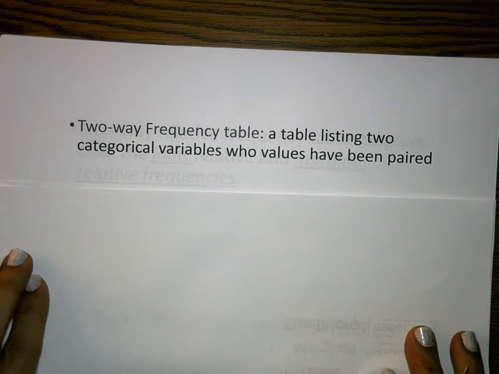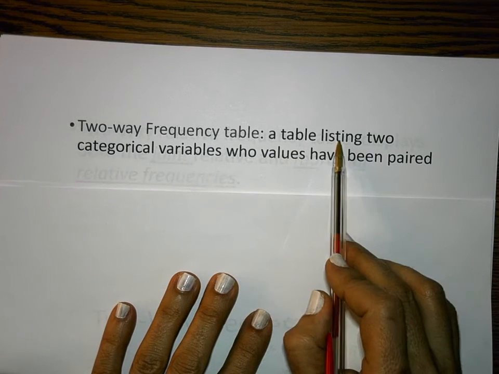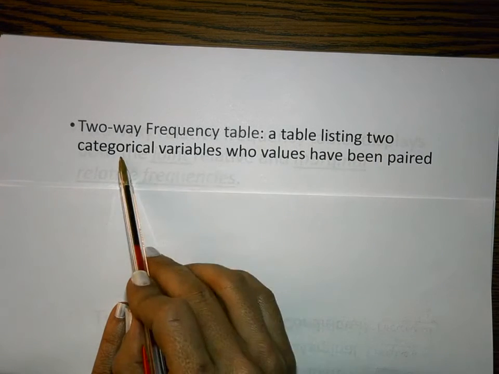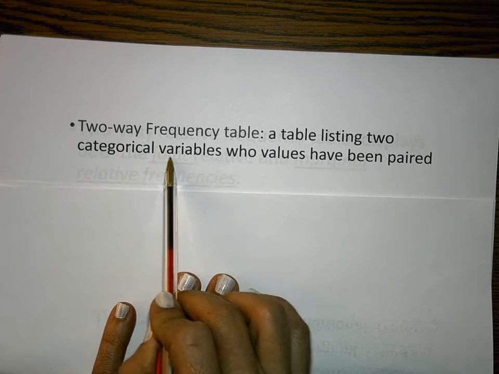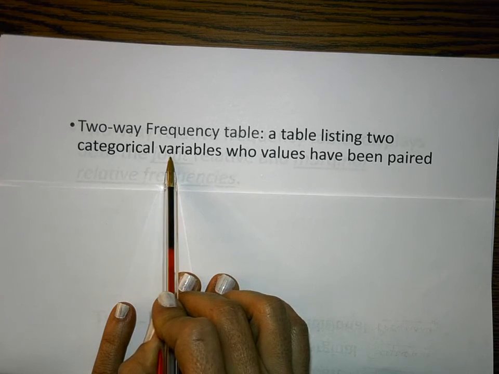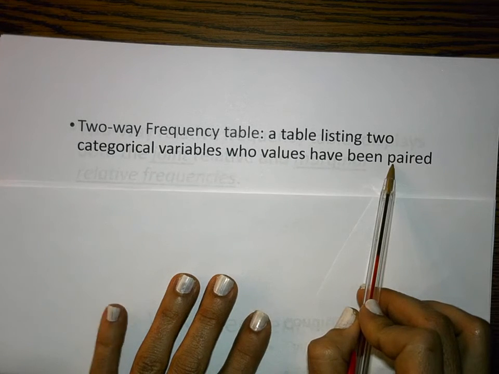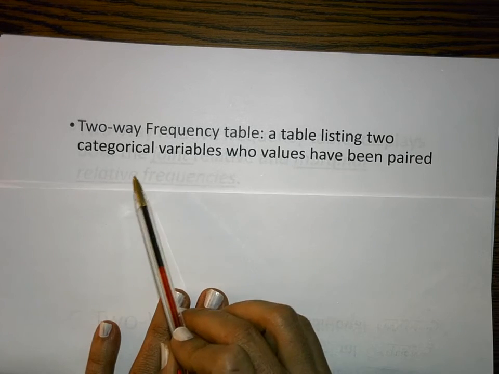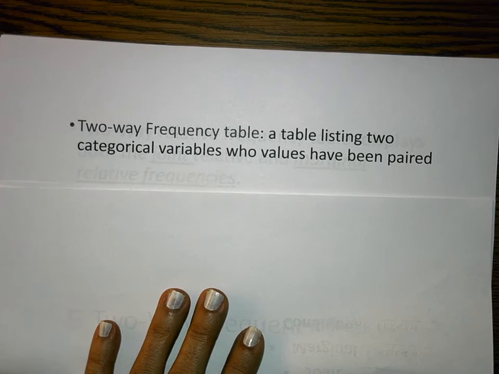A two-way frequency table is a table that lists two categorical variables. We're going to be talking about things that are divided into two categories, and these values are paired together. So, two categorical variables whose values have been paired. For example, male and female and who likes what flavor of ice cream.